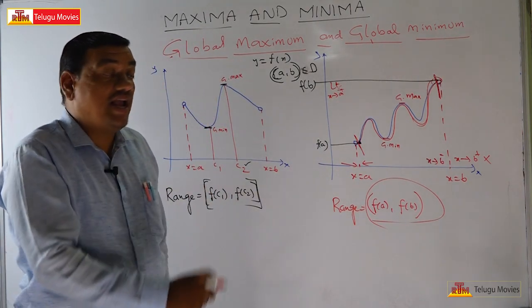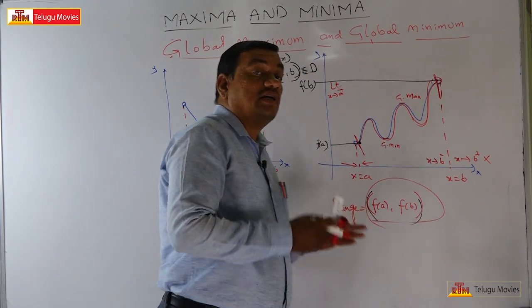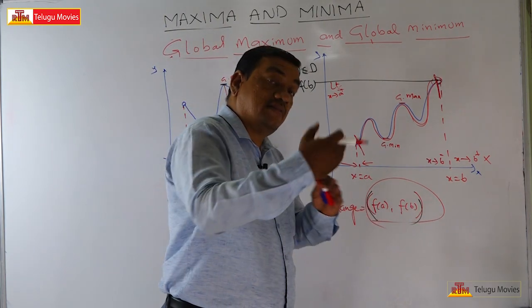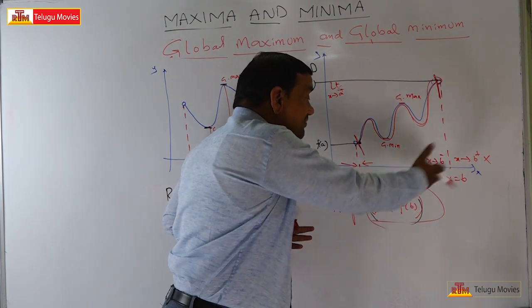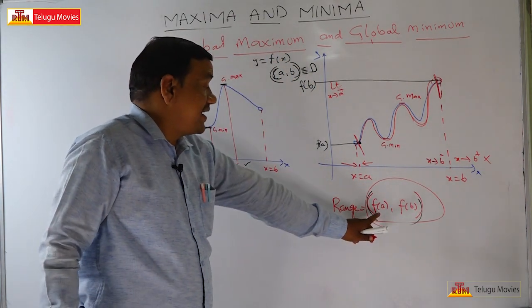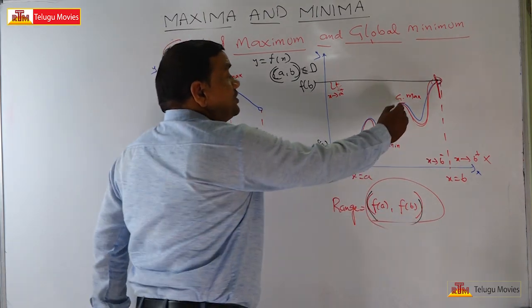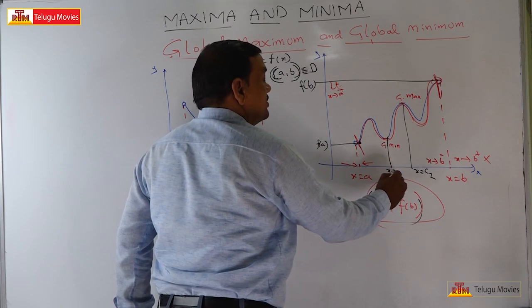We are taking the values to the right side of f of a and the left side of f of b. The range is f of a comma f of b, but this is the global maximum at x equal to some c2, and this is x equal to c1.